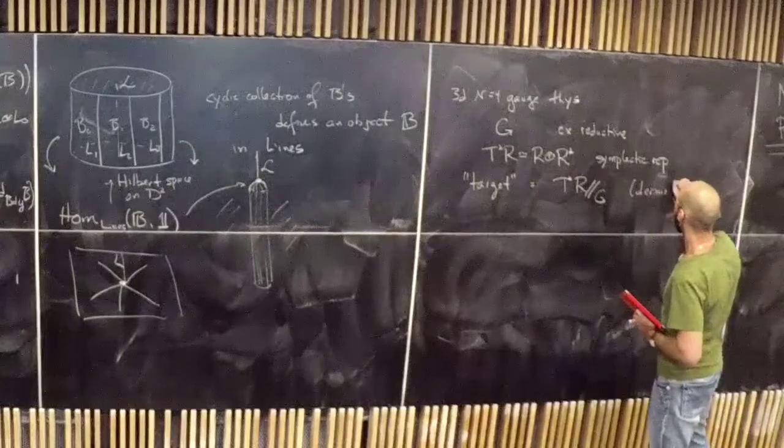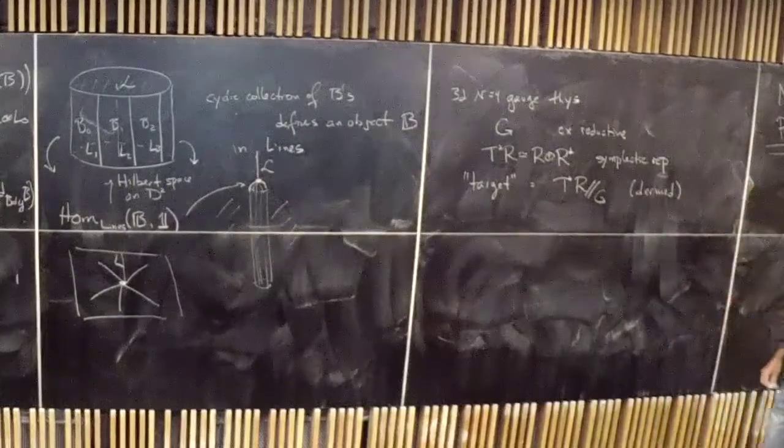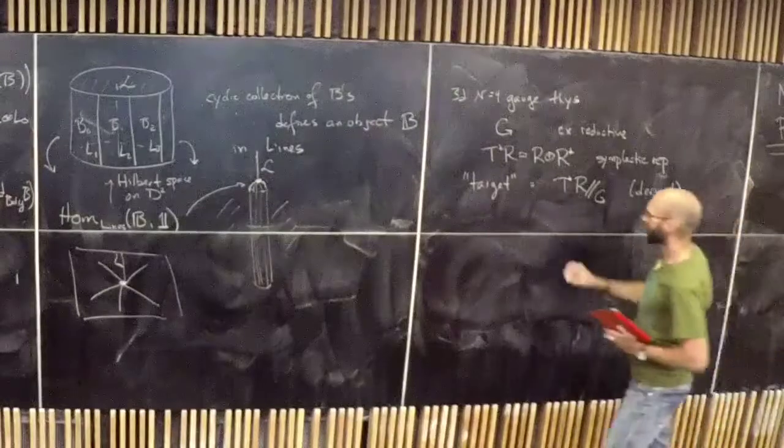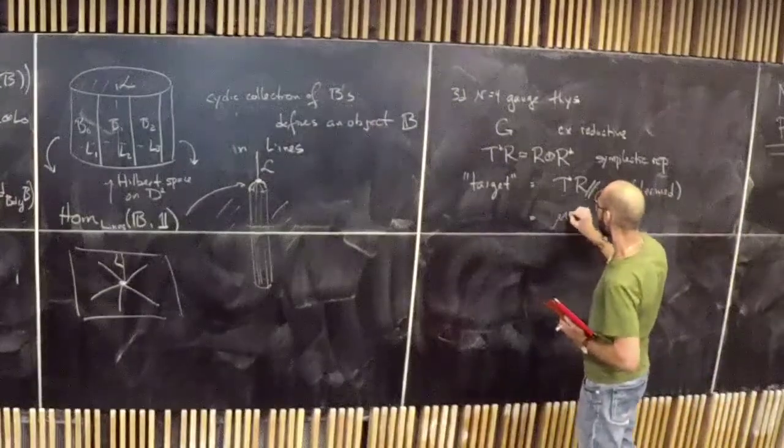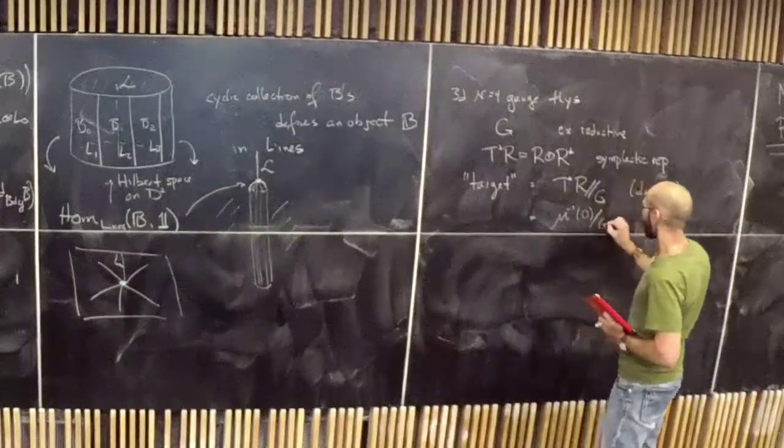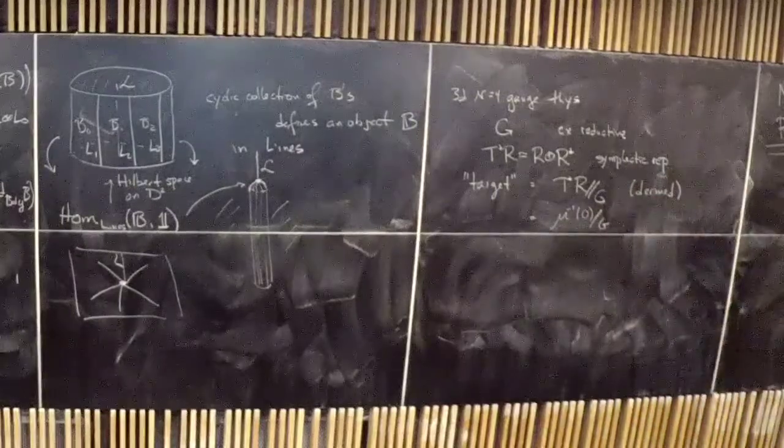The symplectic quotient, or the actual sort of like a stacky version? The stacky version of that. Sorry. So I mean a derived fiber of the moment map mod G.